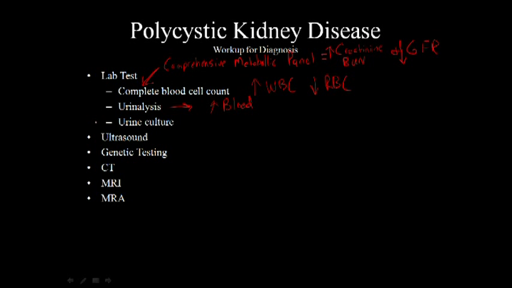But usually we don't favor ultrasound. Genetic testing is not available everywhere. And so that would come later when you're wanting to see whether you have the potential to pass something on or what is actually causing it.